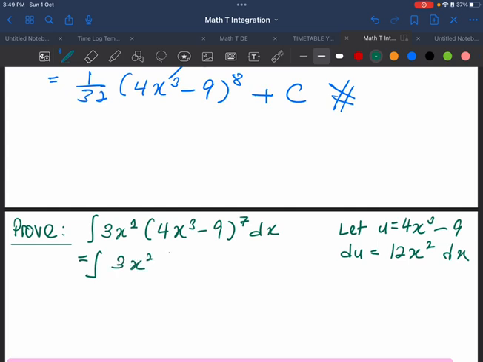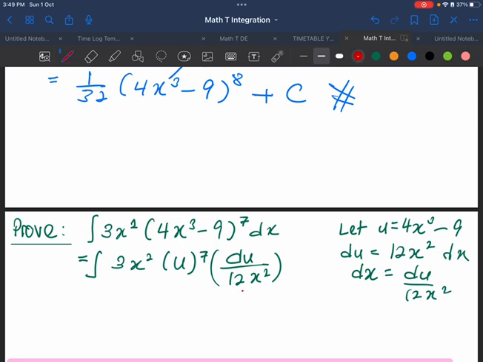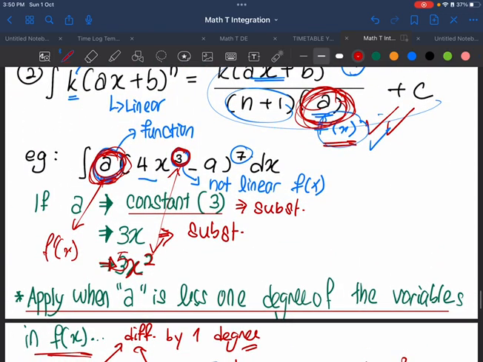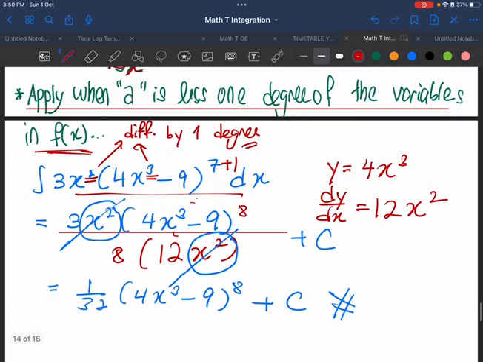The bracket is actually u to the power of 7, and dx is actually du over 12x squared. So it's the same thing, and you are canceling each other. The x squared is helping you cancel out. As I said, you are dividing by the f prime x. Now you are creating the f prime x outside the bracket so you can cancel each other, right?